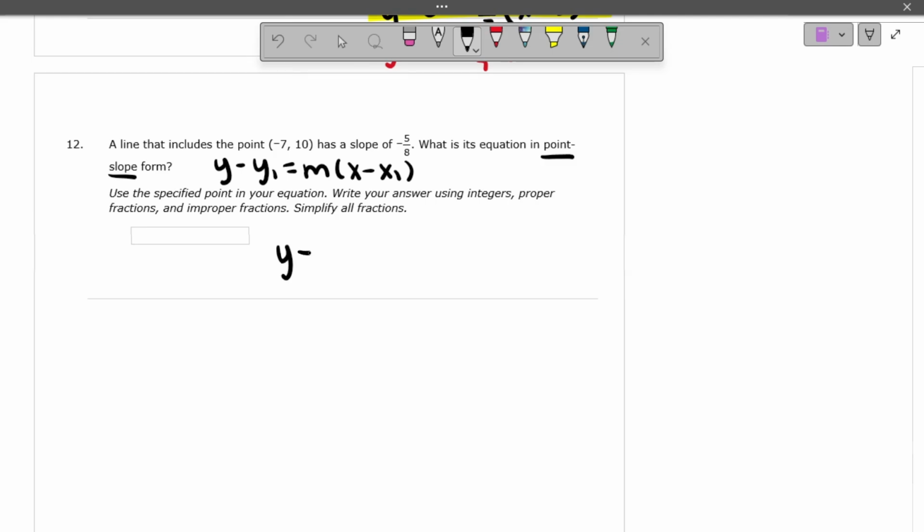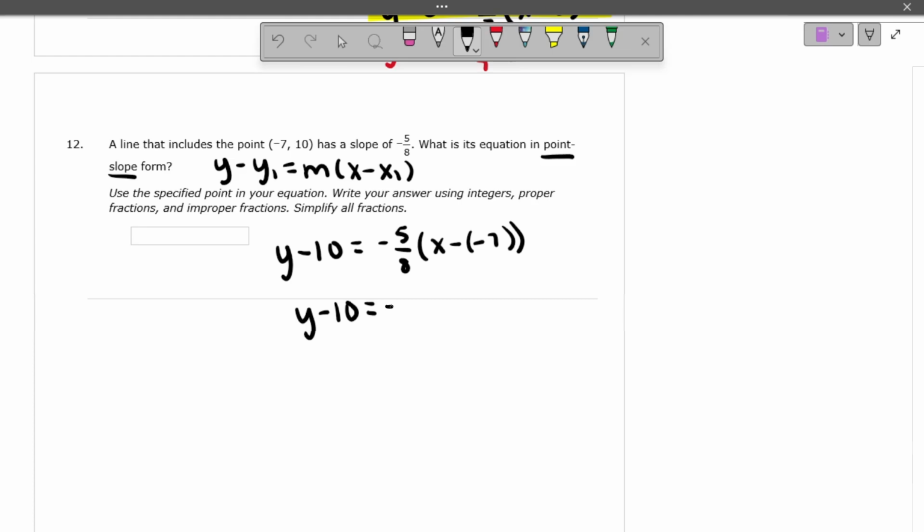So let's do that. y minus y1, which happens to be 10, equals negative 5 over 8 times x minus x1, that's a negative 7. So instead of writing it like this, that negative 7 is going to cancel out because we have two negatives.